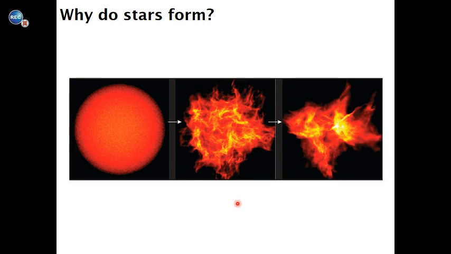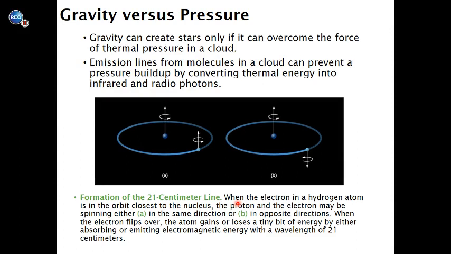Right. So these clouds exist. Why do they turn into stars? Yeah, well, all matter attracts by gravity. In these clouds, there's a gravitational force. There's also thermal energy, and that's going to press outwards just like it would in a star.